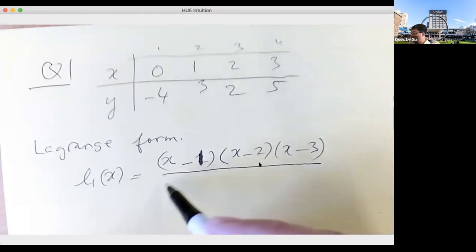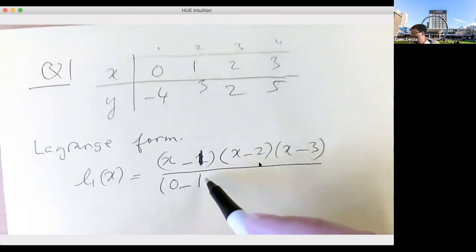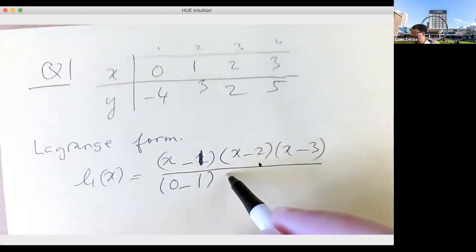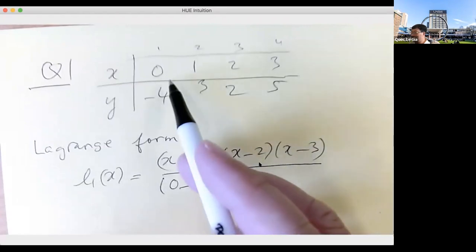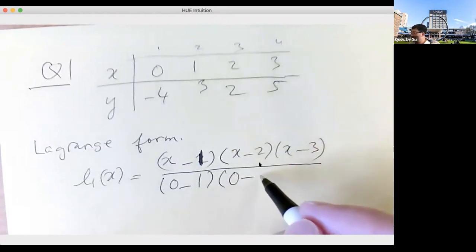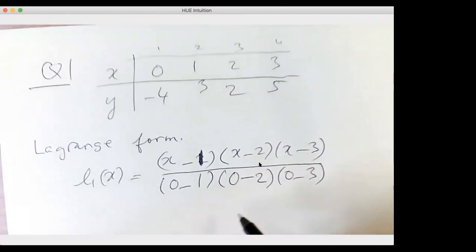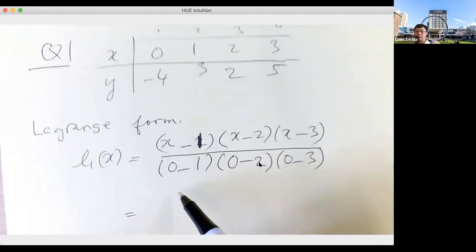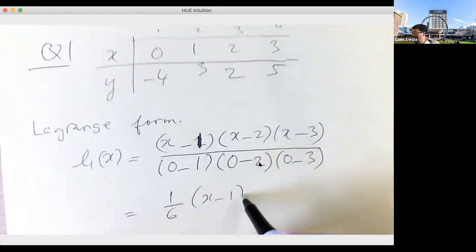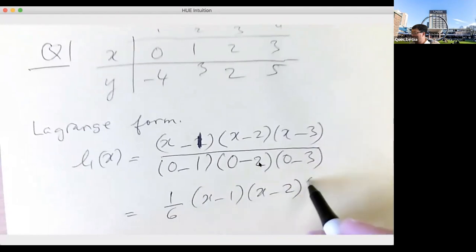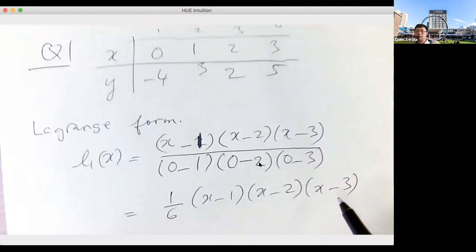And then the first point minus everything else. So first point is 0, minus 1, minus 2, minus 3. And you can simplify this. So this one is 1, 2, 3, so minus 1/6. Yeah, so x minus 1, x minus 2, x minus 3.